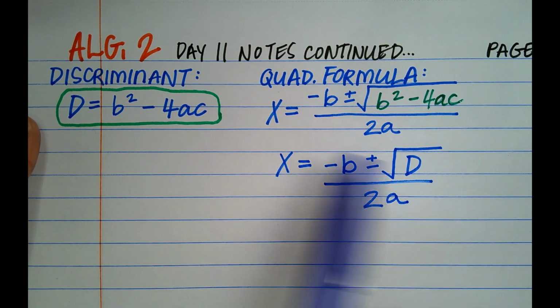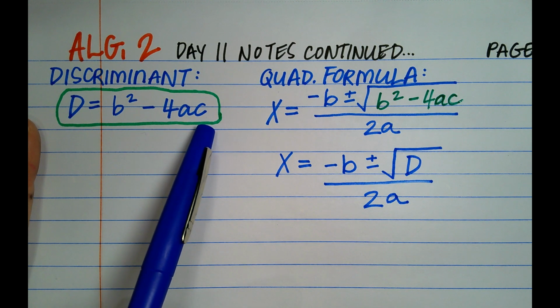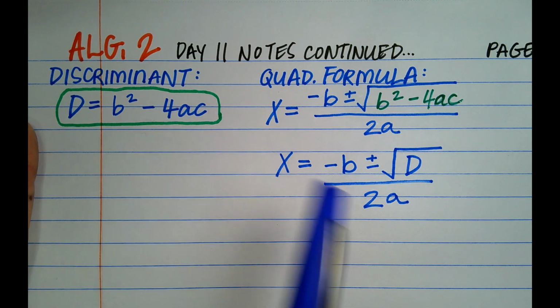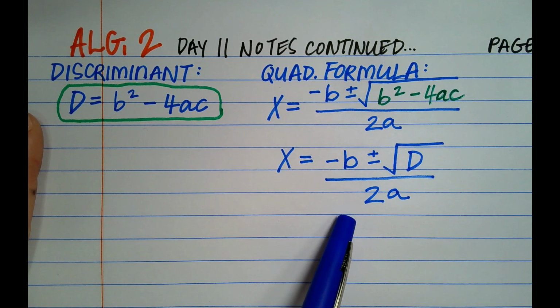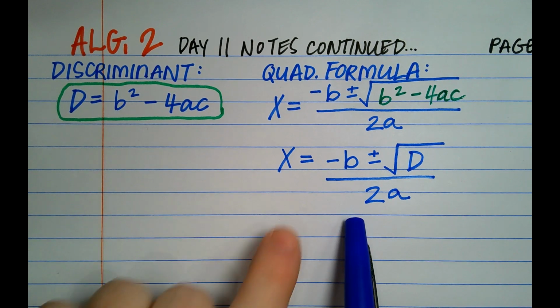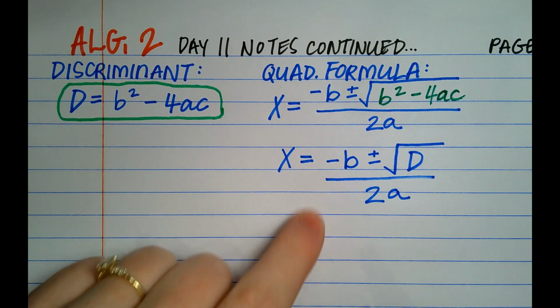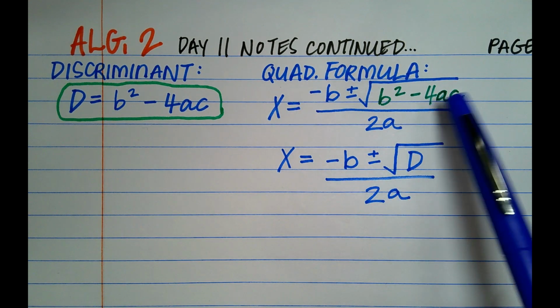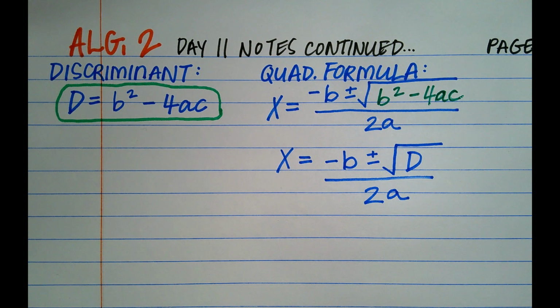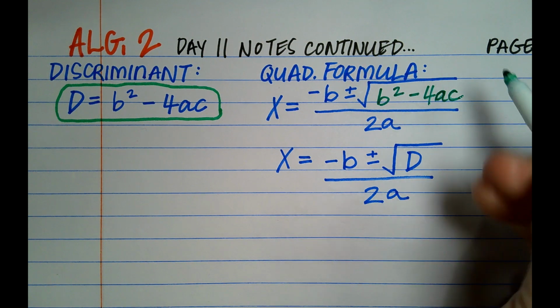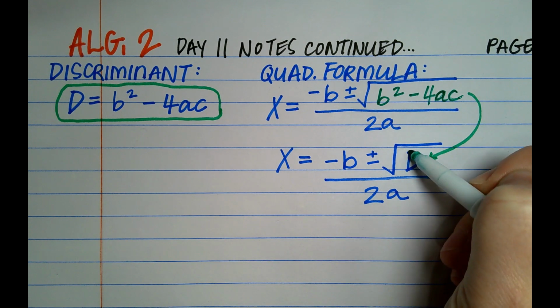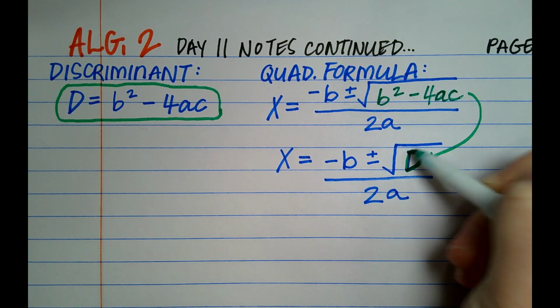So what's nice about finding the discriminant first is now we have a much simpler formula to work with. All we have to do now is plug in 3 numbers rather than 1, 2, 3, 4, 5 all at once. And here's how we get that.